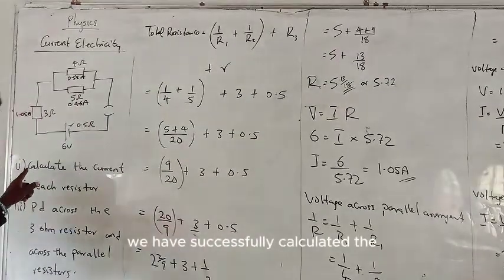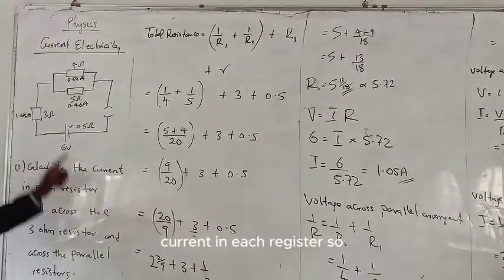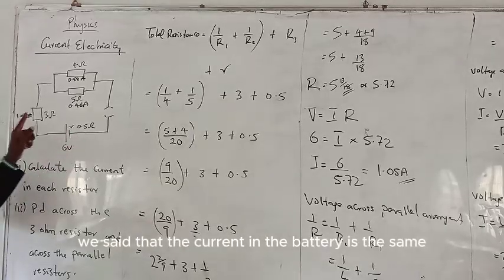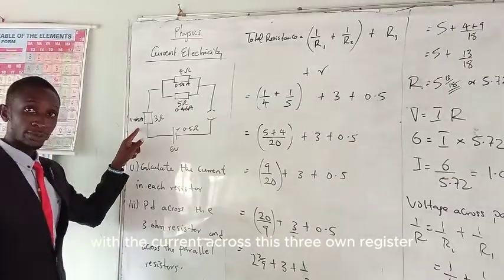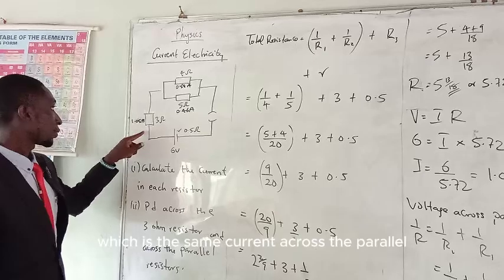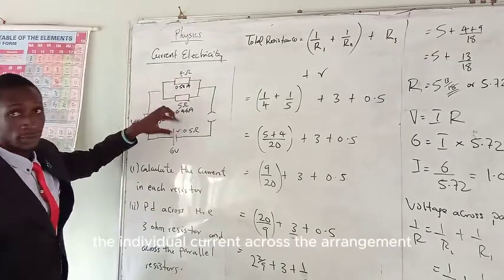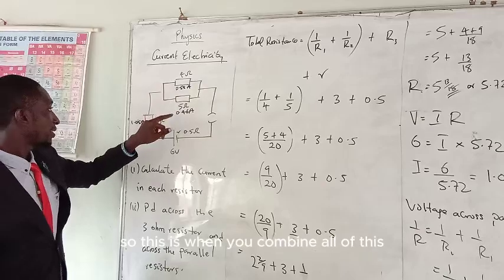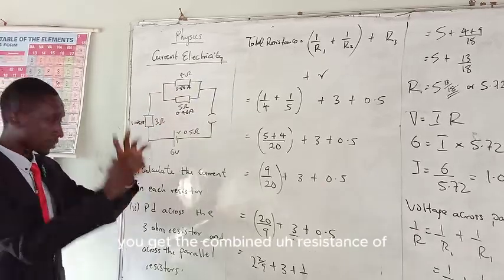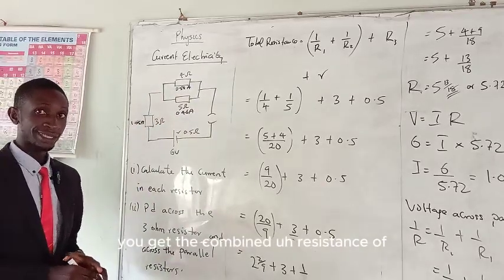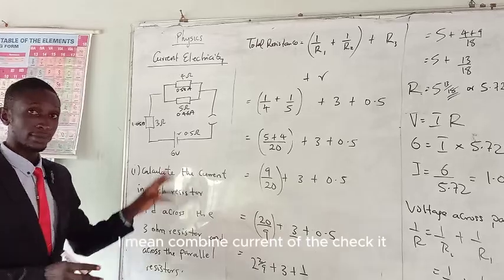So we have successfully calculated the current in each resistor. We said that the current in the battery is the same as the current across this 3 ohm resistor, which is the same current across the parallel arrangement, but we need to know the individual current across the arrangement. So when you combine all of this, you get the combined current of the circuit.